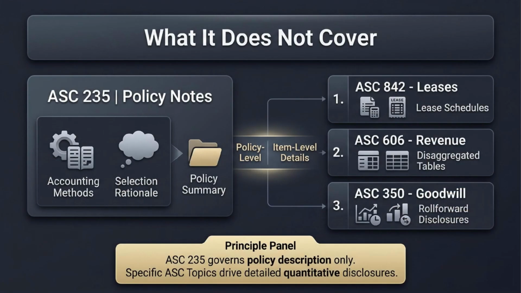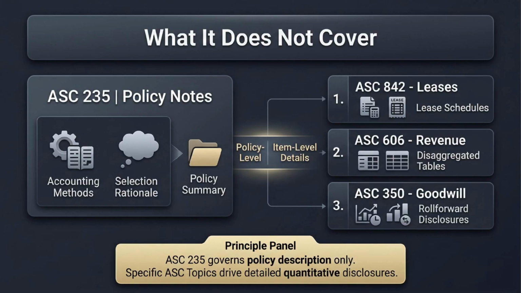Now this slide is very important because it prevents a common misunderstanding. ASC 235 does not replace the specific disclosure requirements of other ASC topics. For example, lease disclosures are driven by ASC 842, revenue disclosures by ASC 606, and goodwill-related disclosures by ASC 350.